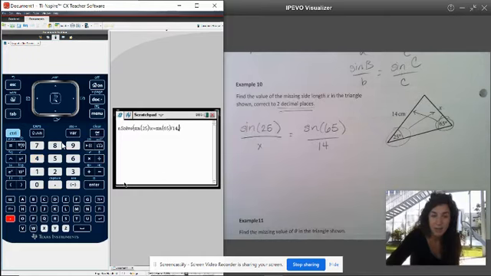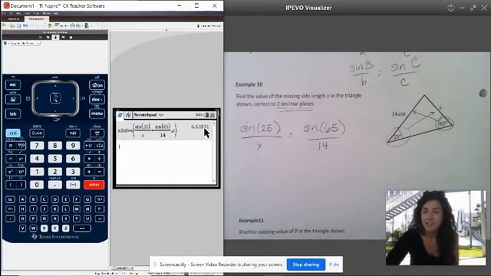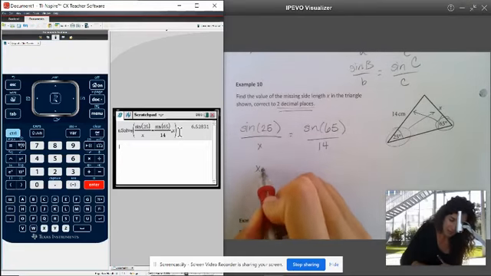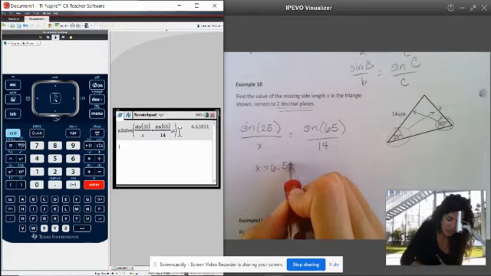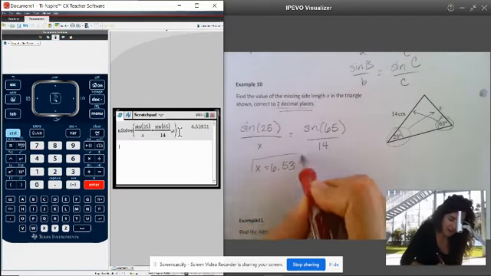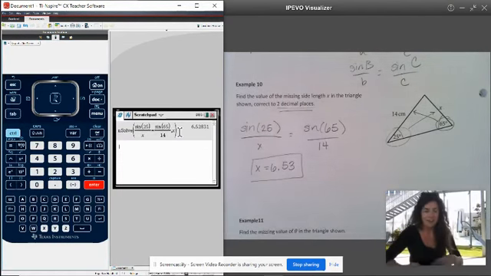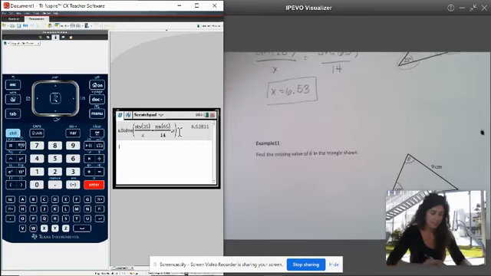Don't forget to put in your comma, which is down here by the O, and then do x again. Okay, so that is the answer that we get for x. 6 point, and we want 2 decimal places, so 6.53.